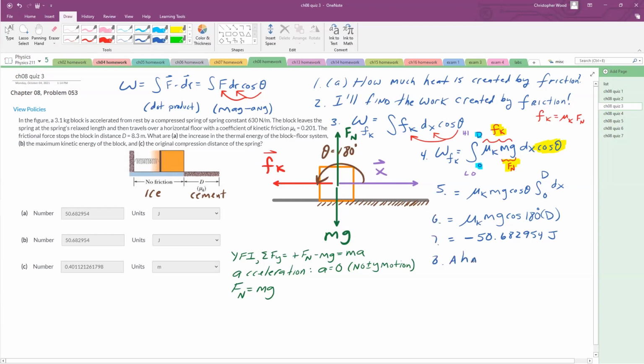Aha. This much heat got created: 50.682954 joules of heat got created by the friction force. Okay, so that's how much heat got created. And this is the answer to part A.